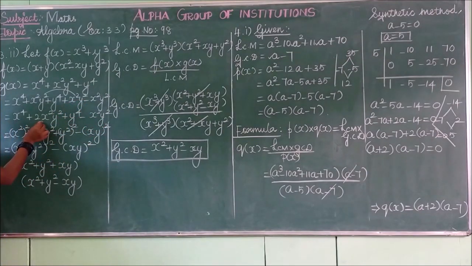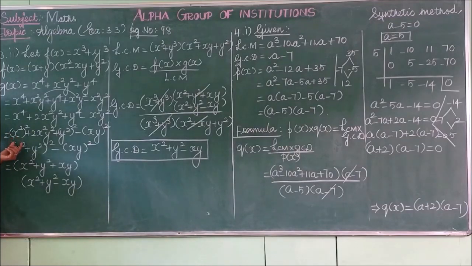Then look at this value, x power 4 plus 2x squared y squared plus y power 4, which is in the form of a square plus 2ab plus b square. What is the actual formula for a square plus 2ab plus b square? It is a plus b whole square.